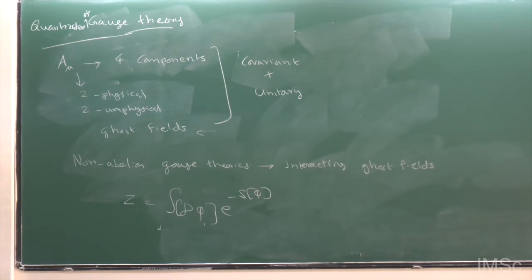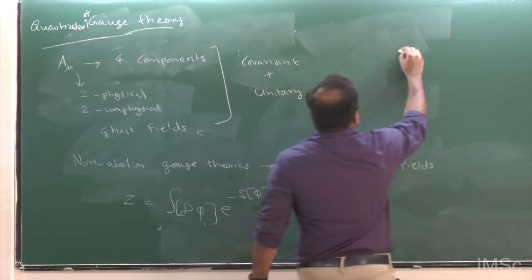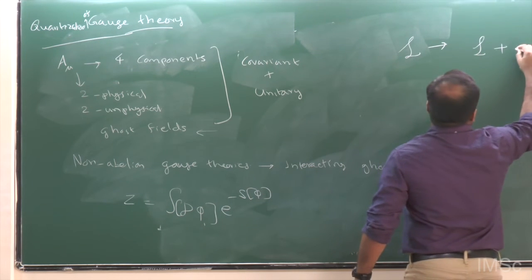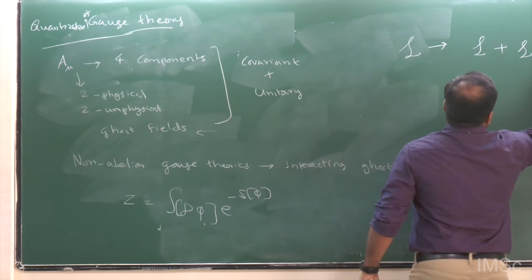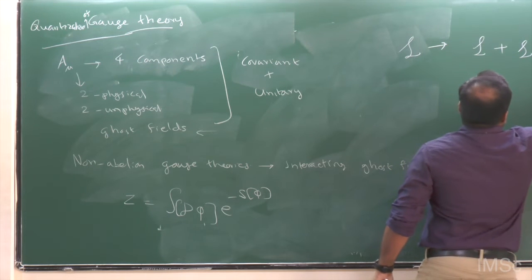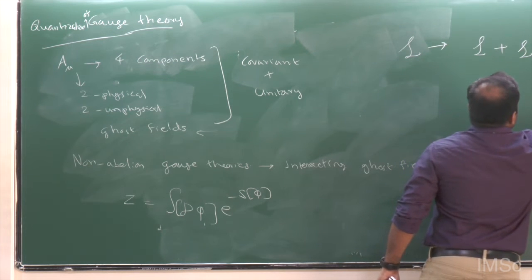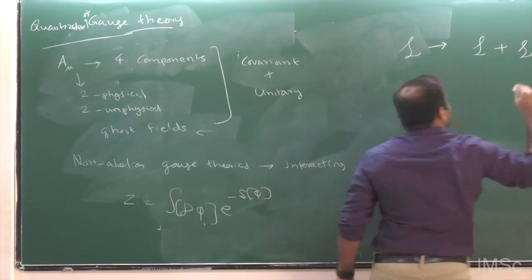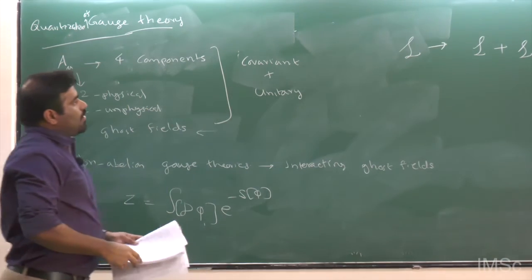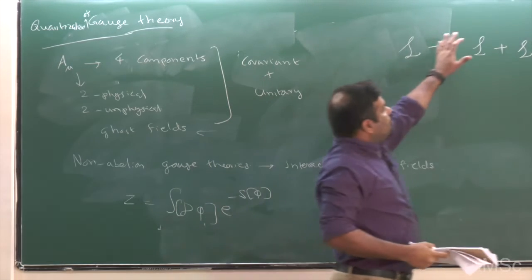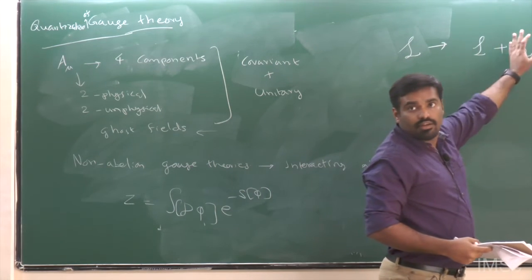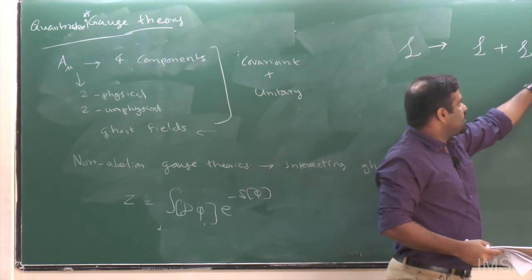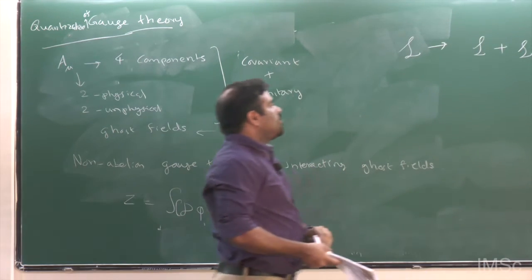So you start with a Lagrangian L, and at the end you replace it with L plus a gauge fixing piece and ghost fields. And at the end, you want to quantize this theory, the theory having the modified Lagrangian: L plus the gauge fixing piece, and the Lagrangian for the ghost fields.